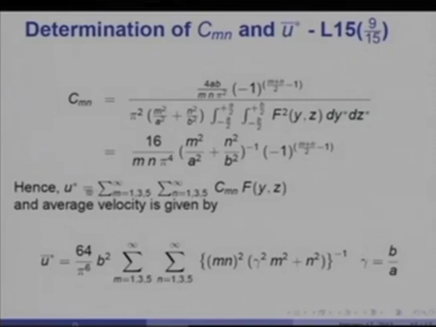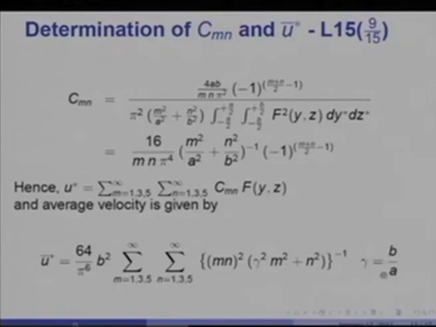Of course, you must now integrate this over the cross section of the duct to obtain u bar star, which comes out to be 64 by pi raised to 6 into b square into all this, and I have now used gamma as the aspect ratio, the ratio of the shorter side to the longer side.